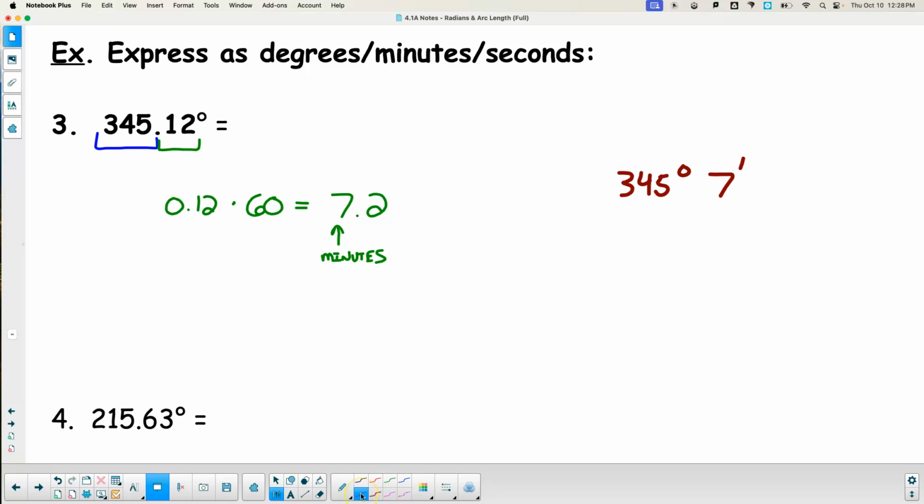Then I take the decimal part, the 0.2, and I multiply that by 60. Should get 12. Yep. And this is typically rounded to a whole number.